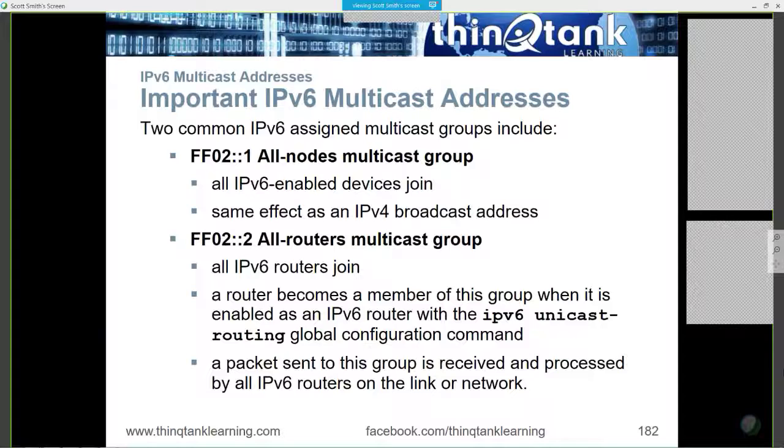It's just a bunch of zeros, right? If it's an IPv6 router, it's going to be FF02::2. If it's EIGRP, FF02::A. If it's OSPF, FF02::5 and ::6, and so on.